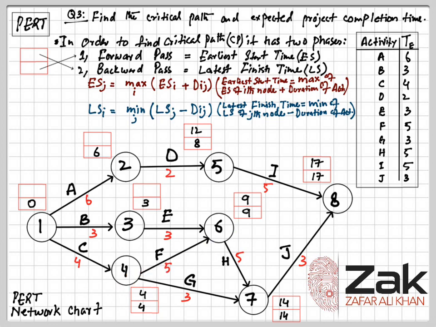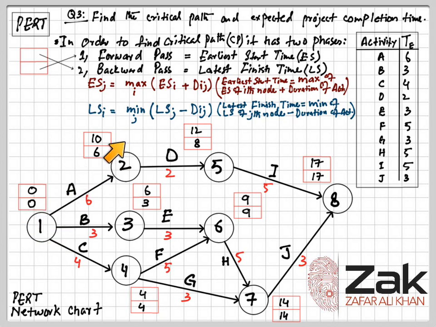That is 4. After 4 we have got 3, so 9 minus 3 is 6, and afterwards we have got 2, so 8 minus 2, 12 minus 2 is 10, and then we have got the first node left, which is actually having three options.